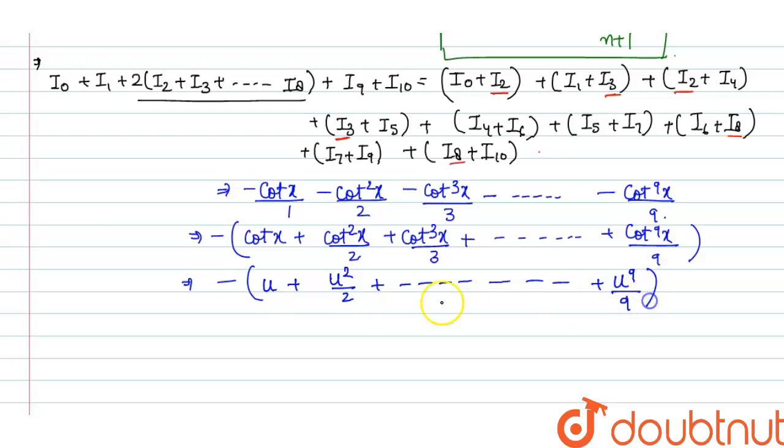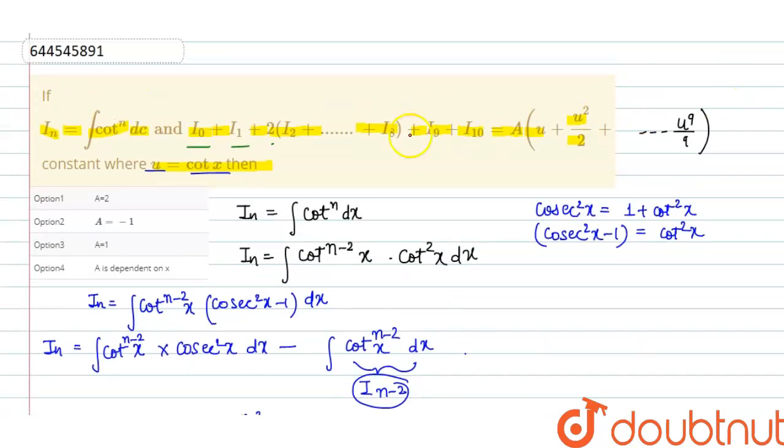Now when we compare both of the equations, I get only the minus value. Minus means we can say this is minus 1. So this is the constant value that I get here. So let's check which option is correct according to minus 1. Our option number 2, which is a equals to minus 1, I can say is the correct answer of the given question.